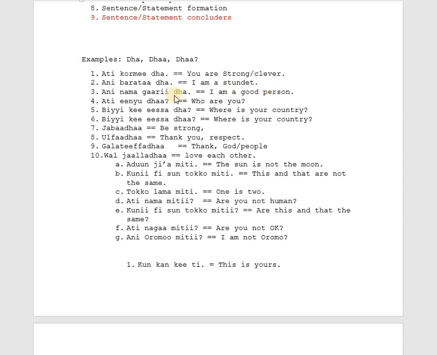Gari means good, while gari in some places could mean something else, I think a vehicle, a car. So these are affirmatives, positives.